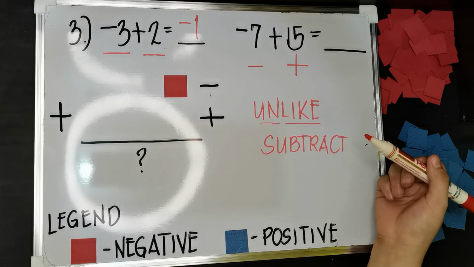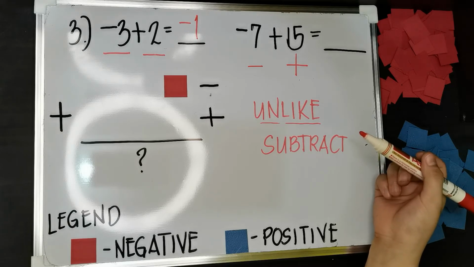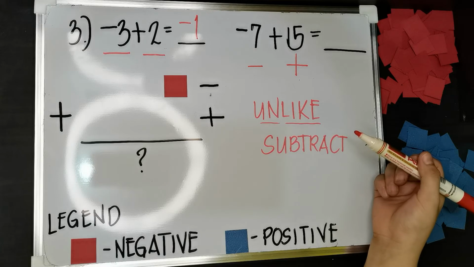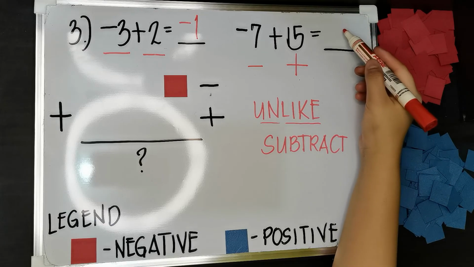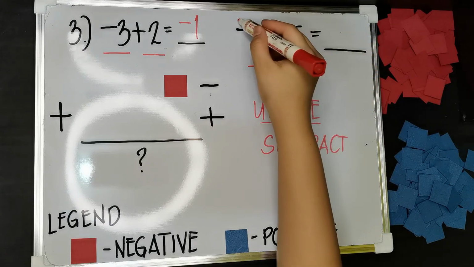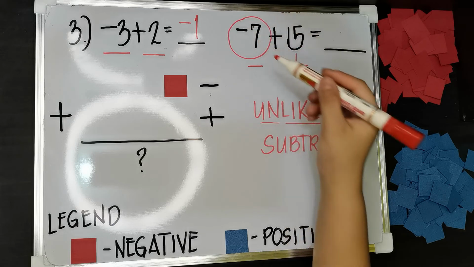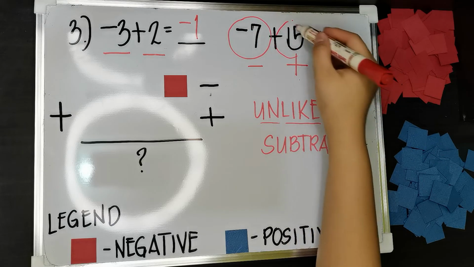Kaya sabi ko sa inyo, kailangan dapat naintindihan niyo yung absolute value kasi dito sa addition of integers, na i-apply din yung absolute value. Para makuha natin yung sagot nito, kinakailangan kunin natin yung absolute value ng negative 7 at saka absolute value ng 15.